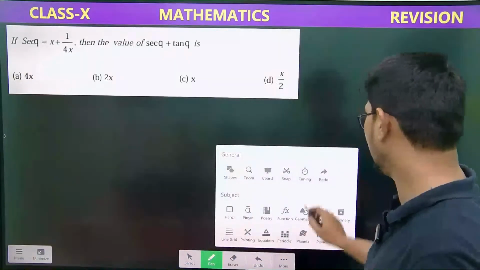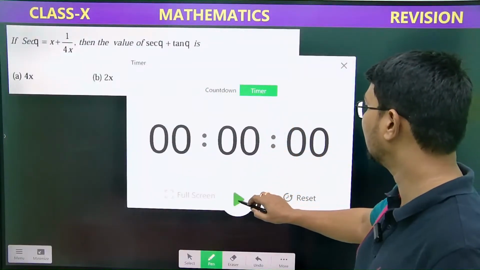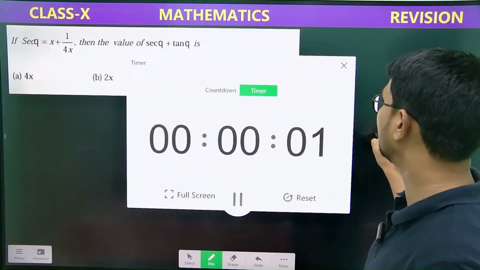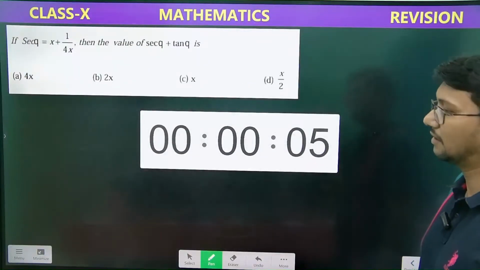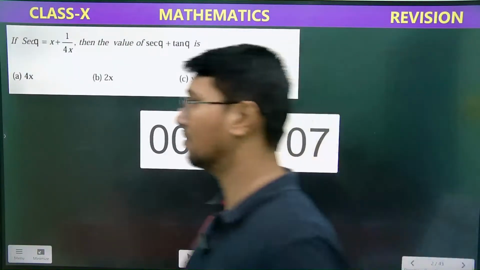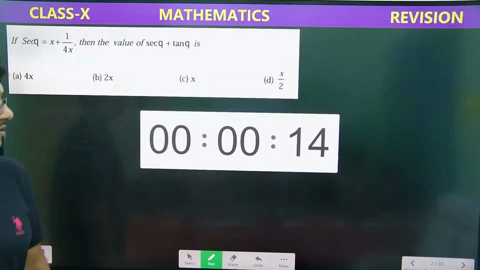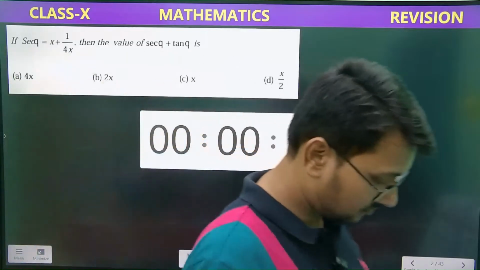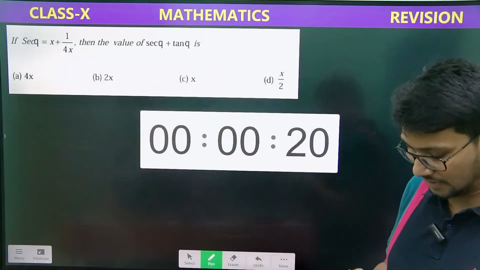How much time you need? बच्चों, कितना time चाहिए रे बाबू? The time started. Let me see how many have given an answer. I have not got an answer yet from online, right? Now solve कर दो. I'll wait only for 1 minute, then after I'll solve.